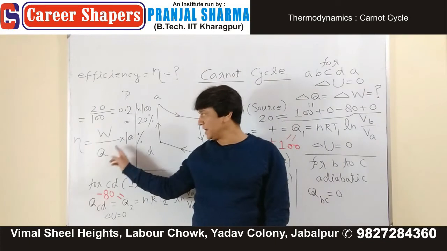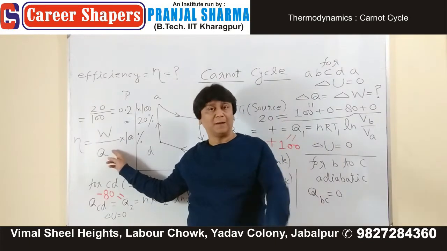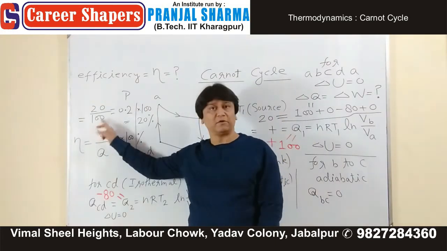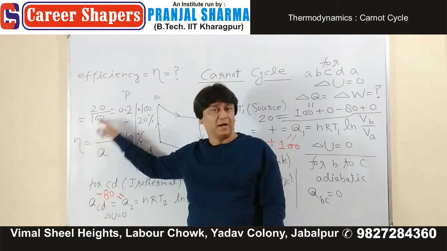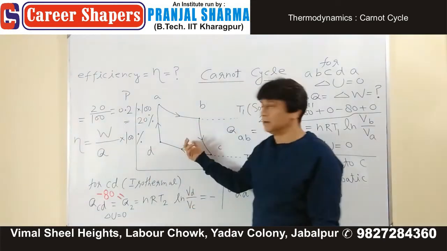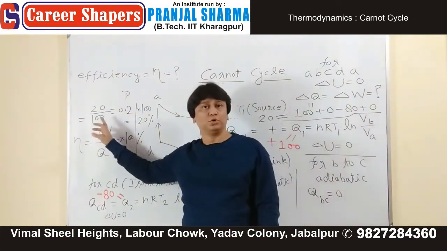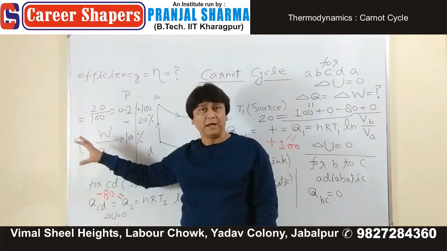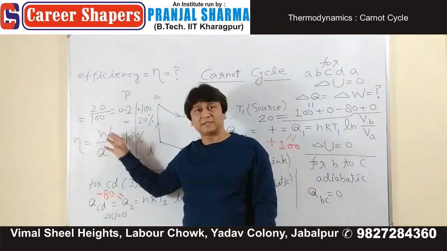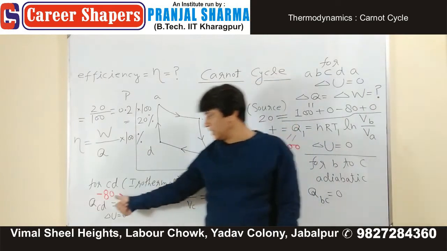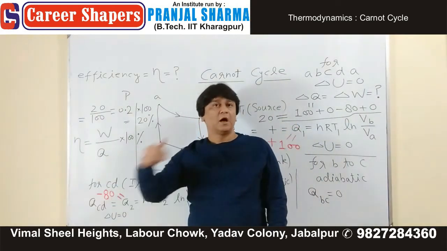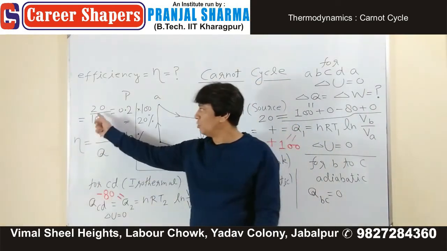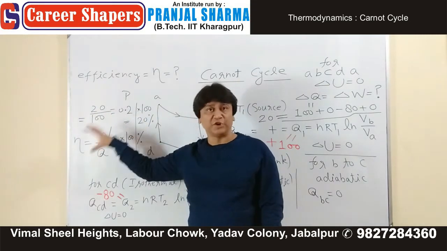How much money did I give you? 100. आप चाहते तो पूरा का पूरा 100 यूज करते, लेकिन नहीं, ये सिस्टम उस पूरे 100 को यूज नहीं कर सकता. इसने क्या किया? इसने 80 एनर्जी रिटर्न कर दी. How much did it use? Only 20. So what is the efficiency?